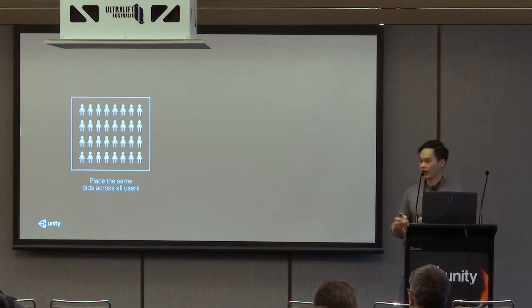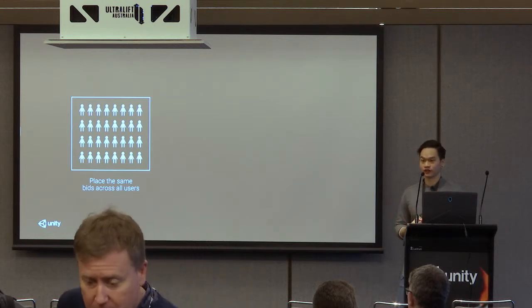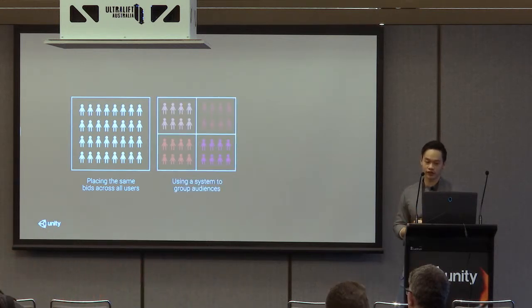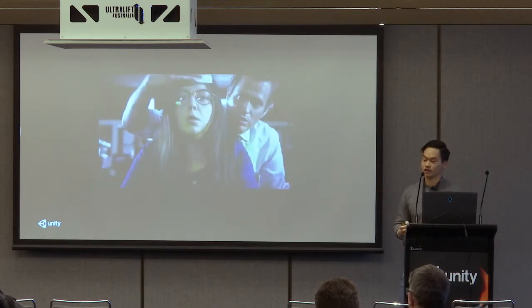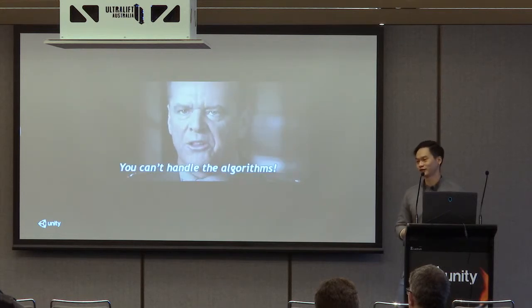And then you would imagine trying to do all the number crunching after that. And it actually gets better. Imagine if you weren't placing the same bid across all the users, but you're placing a different bid across different groups of users. Can you imagine the permutations and combinations that you would have to figure out? I can't imagine, man. And to be honest, you can't handle the algorithms anyway.